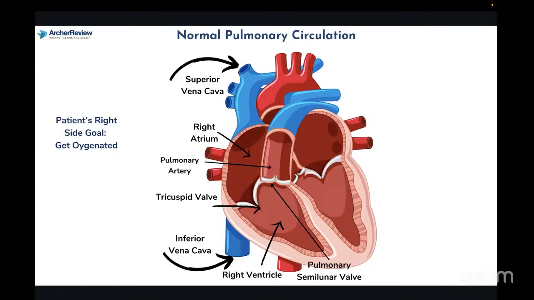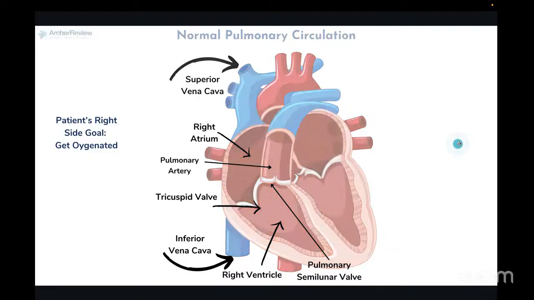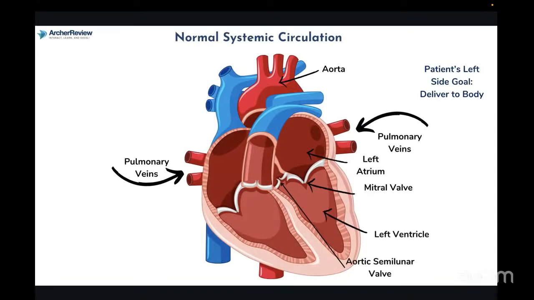And this means that it is going to take oxygen poor blood, deliver it to the lung so that blood can get rich in oxygen. All right, so let's pretend that happened. We've sent the blood to the lungs. It is rich in oxygen once more. Great.